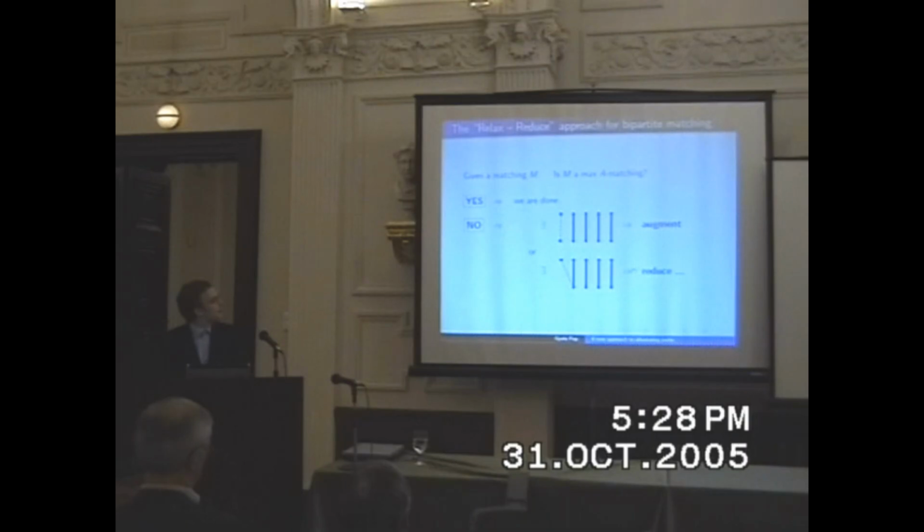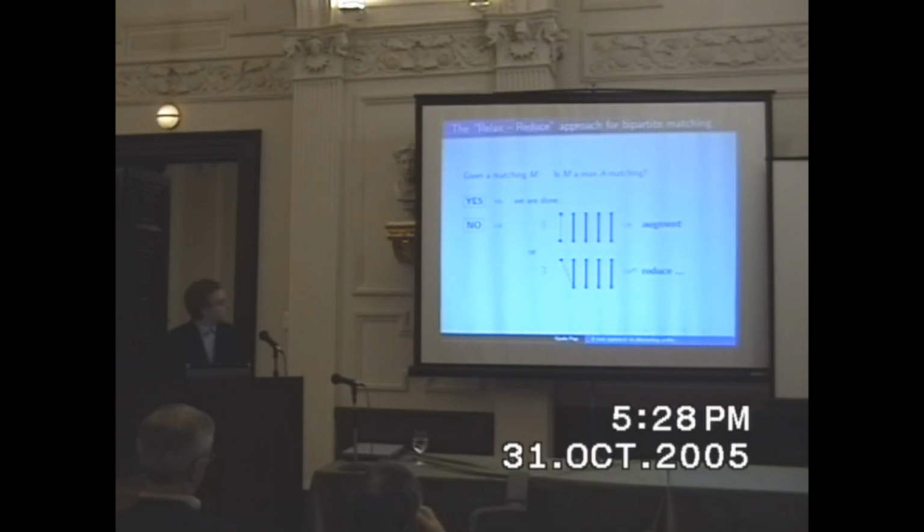Otherwise, there will be an exposed node in A, which is not an isolated node. That means that we will have a dashed edge like that or that. In the first case, we can augment. That is nice when thinking of an algorithm. In the other case, we have that funny constellation.